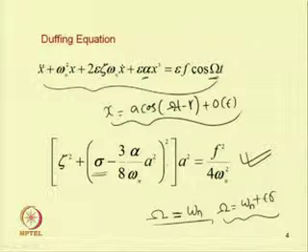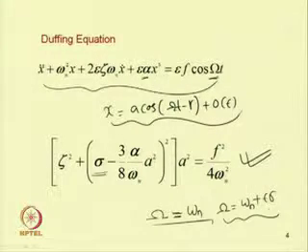Now one has to solve this equation to find the response of the system, or plot the frequency response, that is, amplitude versus sigma, the detuning parameter, or amplitude versus omega, as omega equal to omega n plus epsilon sigma. This plot of a versus sigma or a versus omega is the frequency response curve of the system.